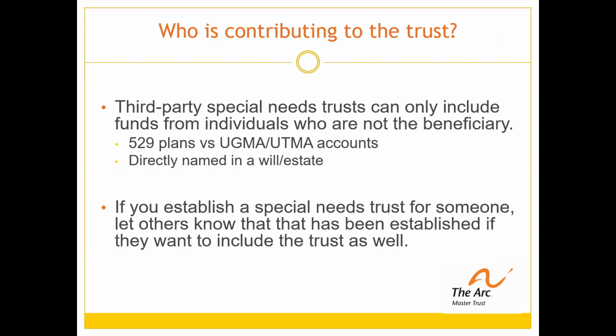Third-party special needs trusts can only include funds from third-party individuals and not funds that are considered owned by the trust beneficiary. It seems simple, but it's always helpful to check, especially if you or someone else has a savings plan already established for the beneficiary. For example, let's say that a grandparent has set up a 529 college savings plan for the beneficiary.